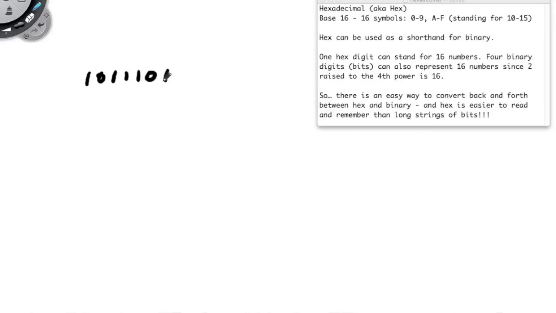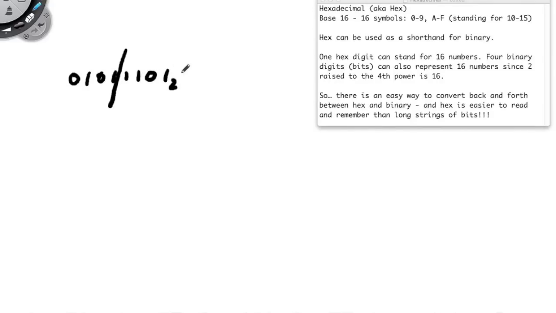Since 4 bits of binary equals 1 hex digit, we can just divide it up into groups of 4, starting from the right. Now this one doesn't have 4 bits, but we can always add zeros to pad this so that it's even. So the number that I'm looking at here is 1011101, and I want to know what that is.